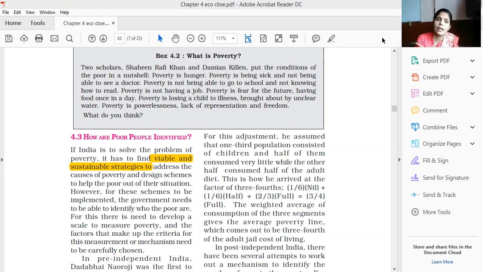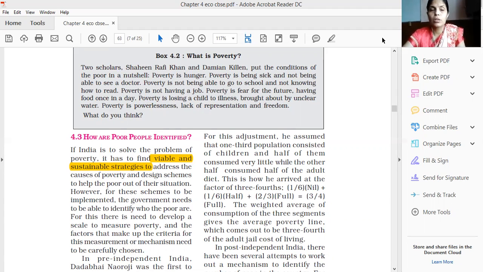That means in our society, in our country, a number of people are poor, and it is a major problem of our country, India. People are poor, they are not getting income, they have not sufficient income to satisfy their basic requirements.